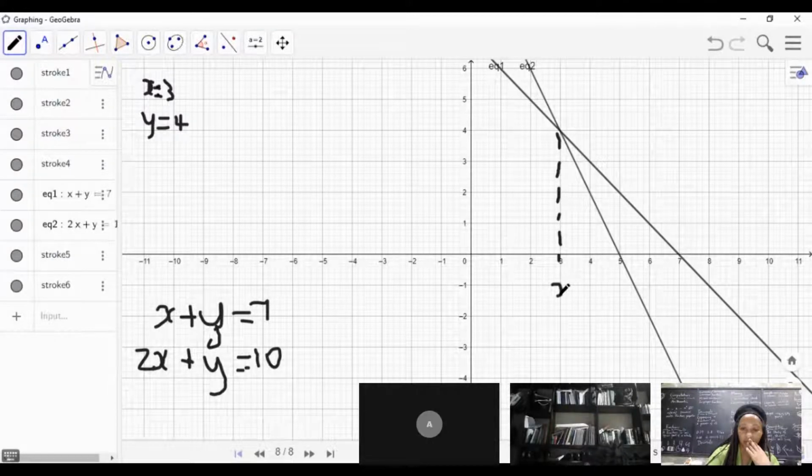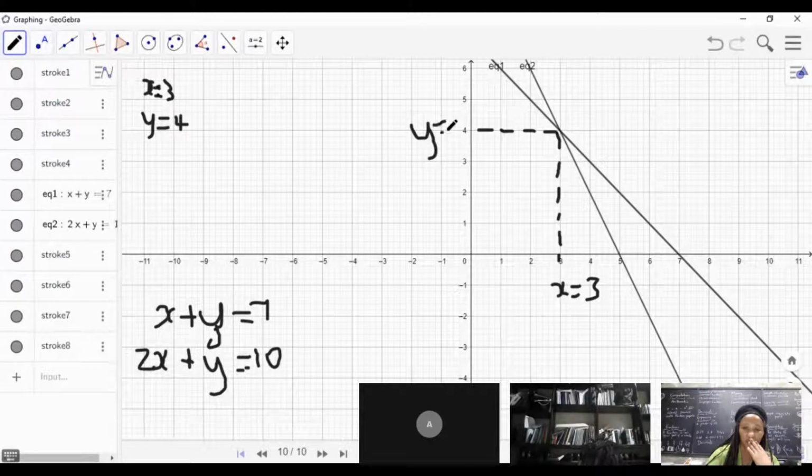X is 3. And dotted line straight across from the intersection. Y is 4. So you are both correct.